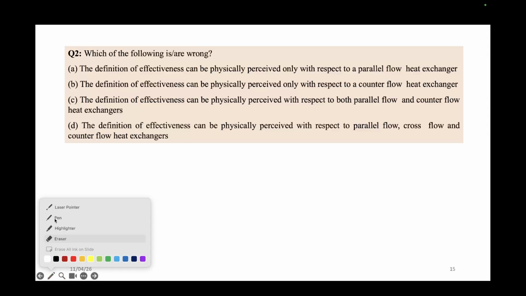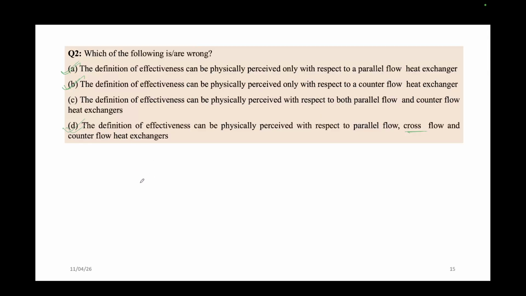In the question, it is given which one is wrong, so A is your wrong answer. B is also wrong. The definition of effectiveness can be physically perceived with respect to both parallel and counter. It is correct, so that will not be the answer. The effectiveness is only for parallel and counter flow, not for others.